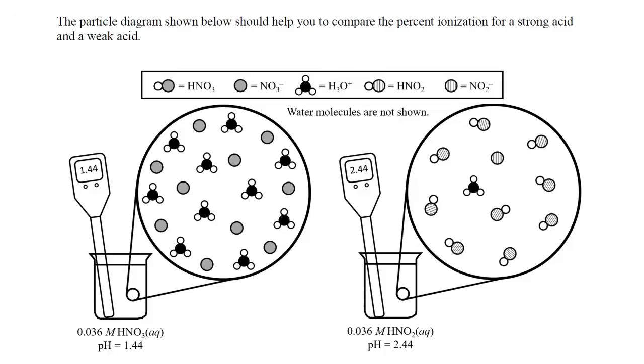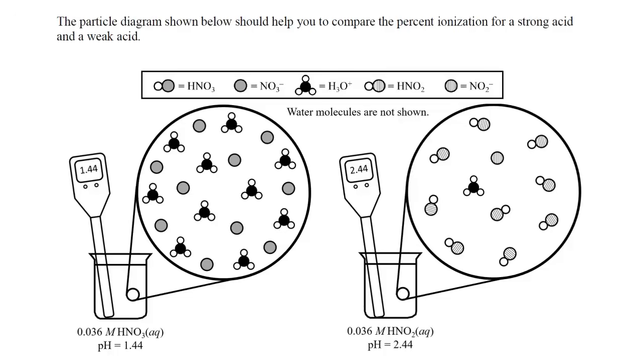As you can see near the top of this slide, there is a legend and a list of particles that may be present in these particle diagrams. And just below that legend is a comment indicating that water molecules are not shown in these particle diagrams.